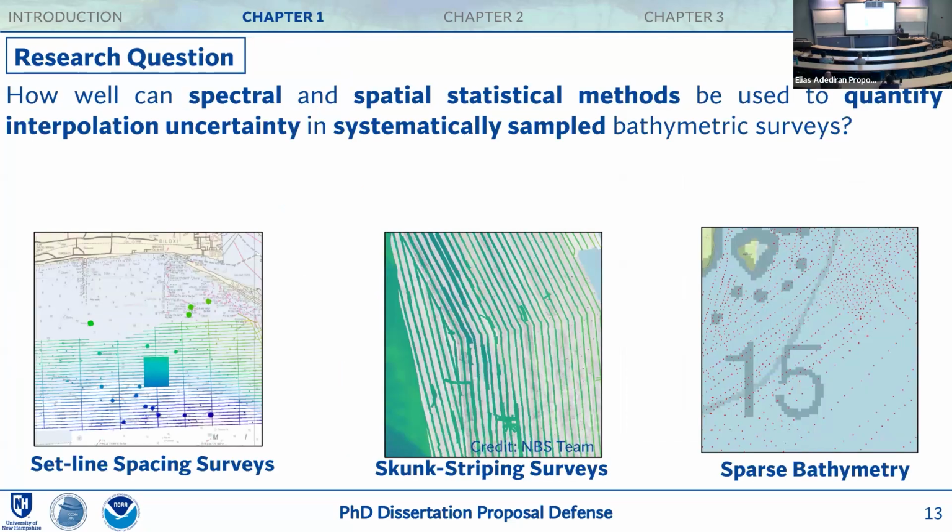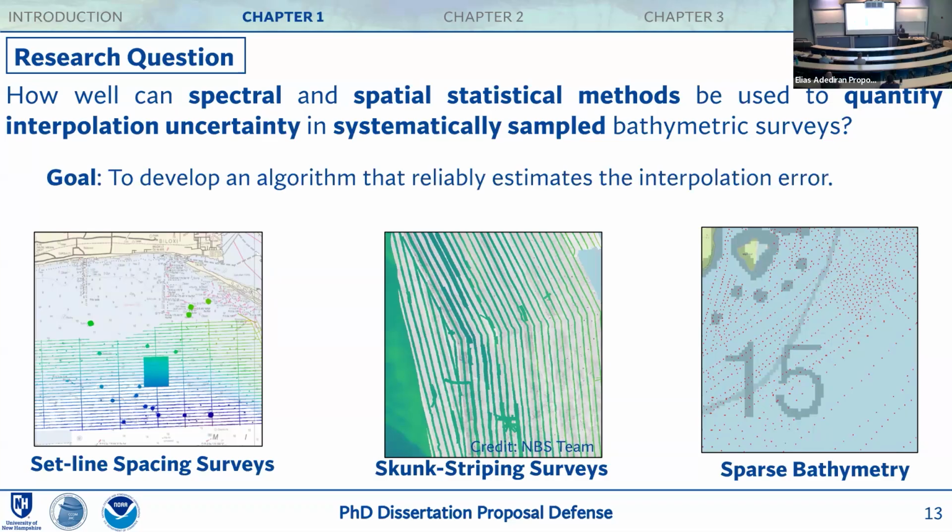So based on some of the limitations and lessons we've learned from the previous work, the central research question of this chapter is, how well can spectral and spatial statistical methods, which are new methods that we are trying to use, be used to quantify interpolation uncertainty in systematically sampled bathymetric surveys, with the ultimate goal of developing an algorithm that reliably estimates the interpolation error.